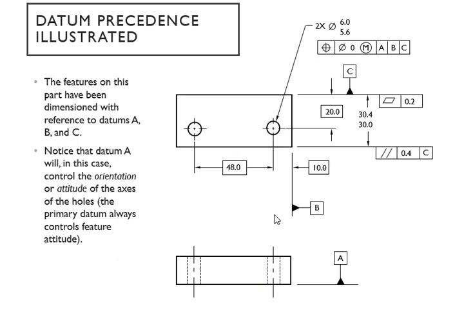You can see it from the top view for A. The surface is right there, and it has 1, 2, and 3 contacts with the part. And then B is right here on this side surface, and it's going to have 2 contacts. And then your C is going to be the back surface right there, and it's going to be 1 contact. Of course, datum A is your primary, so therefore it's going to control the attitude of the axes of your holes right there.